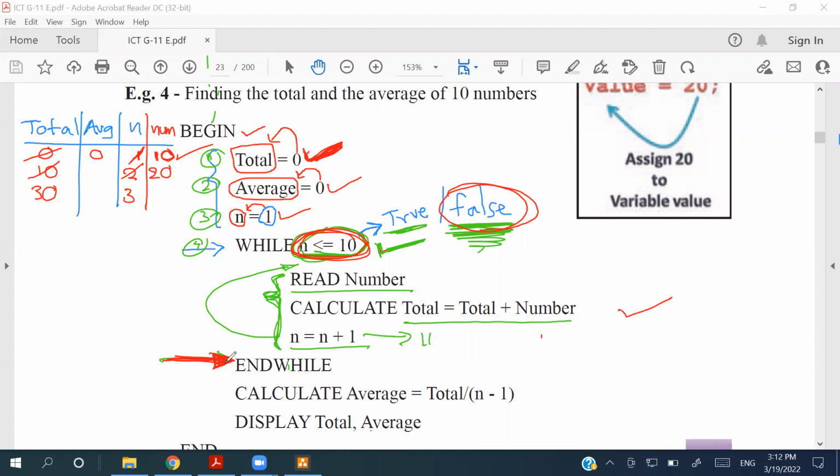I'll let you know. Ravindu, to do the iteration, to repeat these 3 steps, this condition must be true. If it is false, it will not run these statements. It will straight away come to the end while and end the while loop.